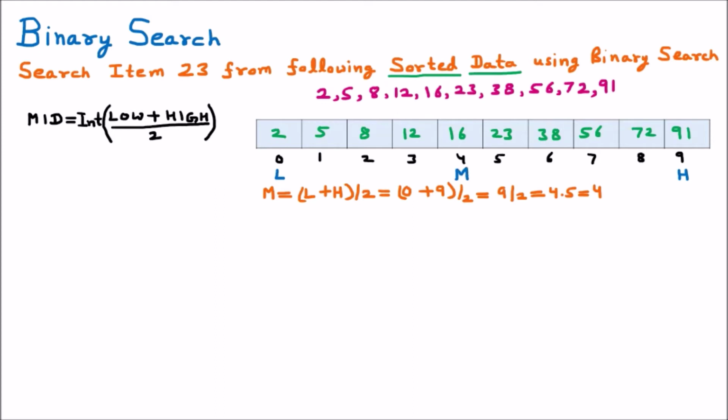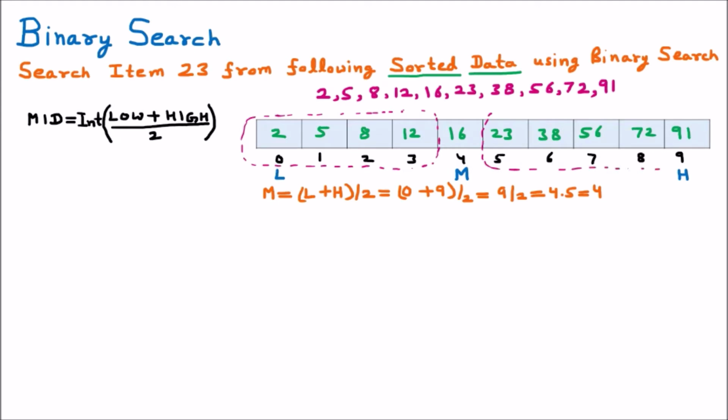The binary search works on divide and conquer. It means it is dividing the array into parts and then finding the element. So here by finding the middle we have successfully divided the array. If we talk about the division, here we have the first part, and afterward the middle we have the second part.